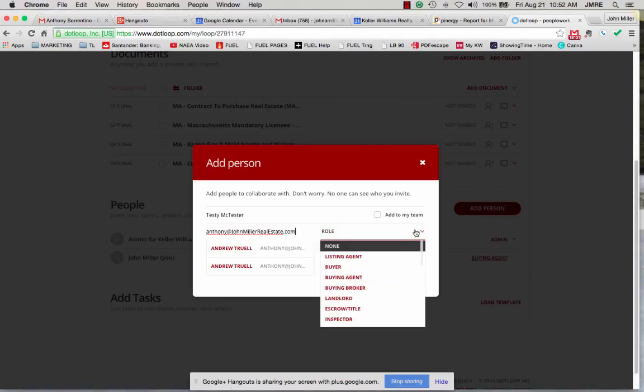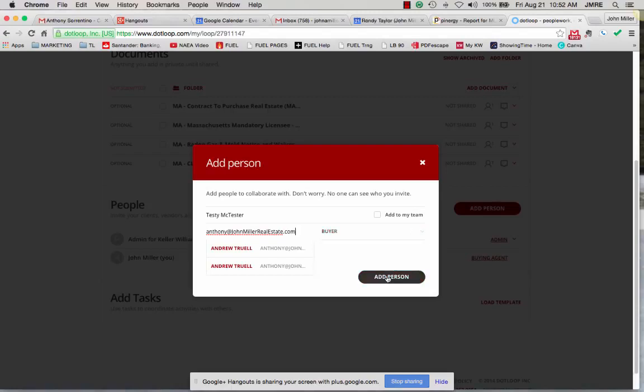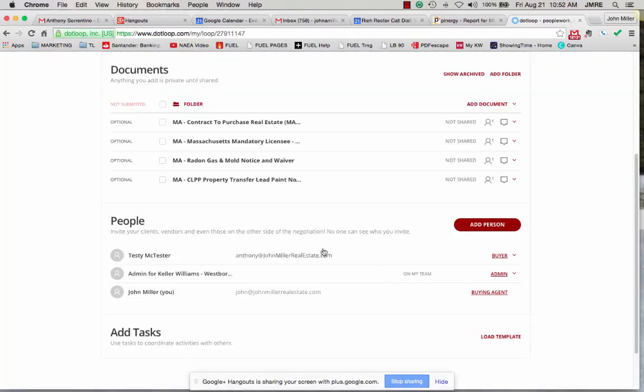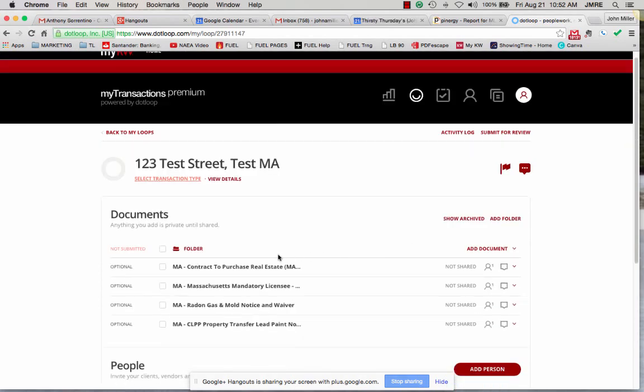And your role is going to be that of the buyer, okay? Sure. And I'll click Add Person, but your name is going to be Testy McTester. And there it is, the person in the folder.